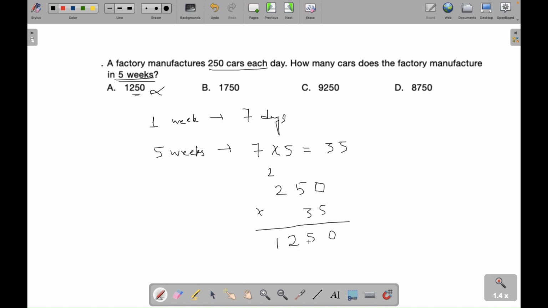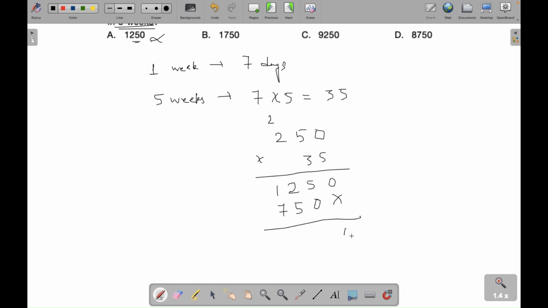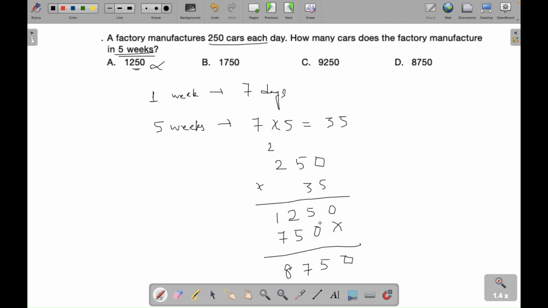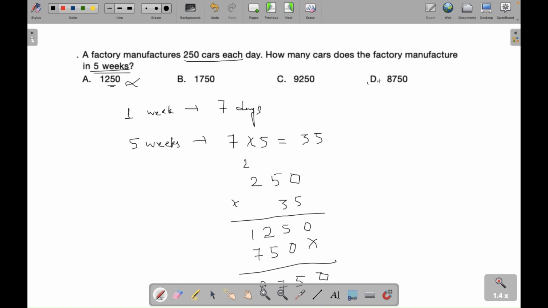So 1250, and then reserve a digit. So 3 zeros are 0, 3 fives are 15, 1 is carried over, and 3 twos are 6 plus 1 is 7. Right, so 0 comes down, 5 is here, 5 plus 2 is 7, and 7 plus 1 is 8. So 8750. Right, so D is the answer.